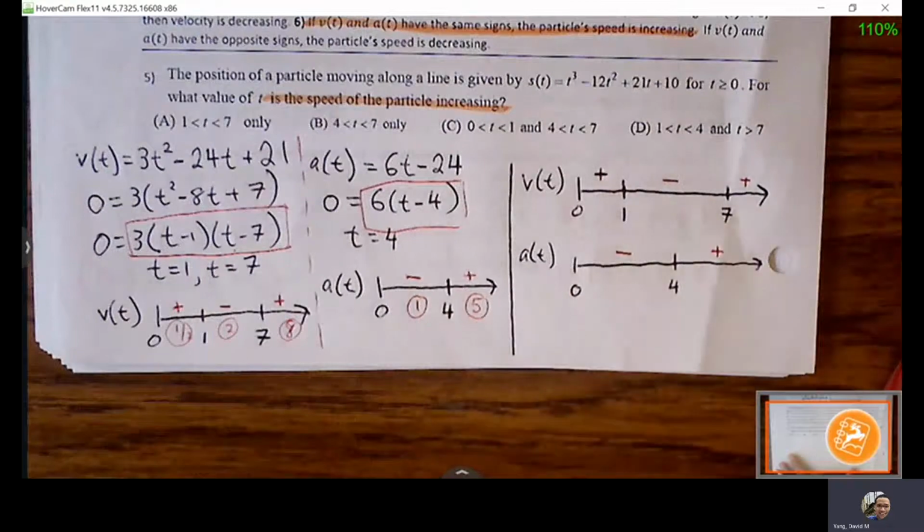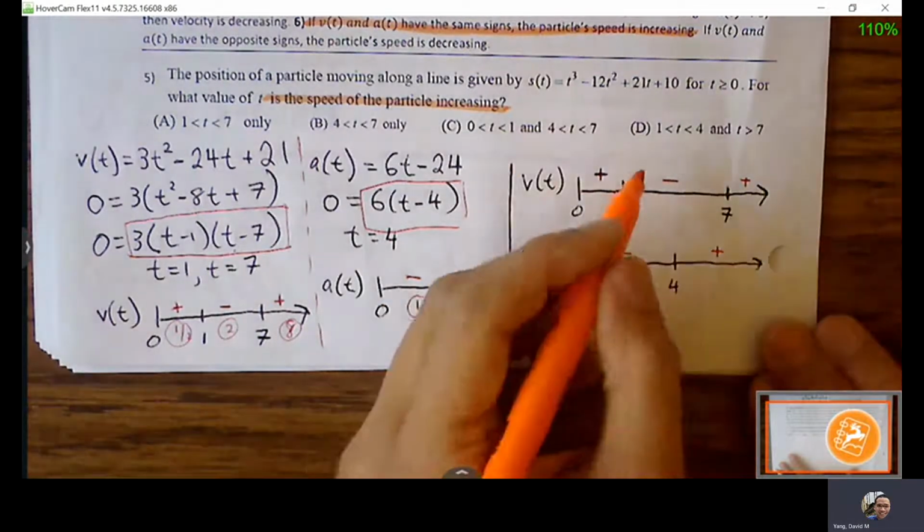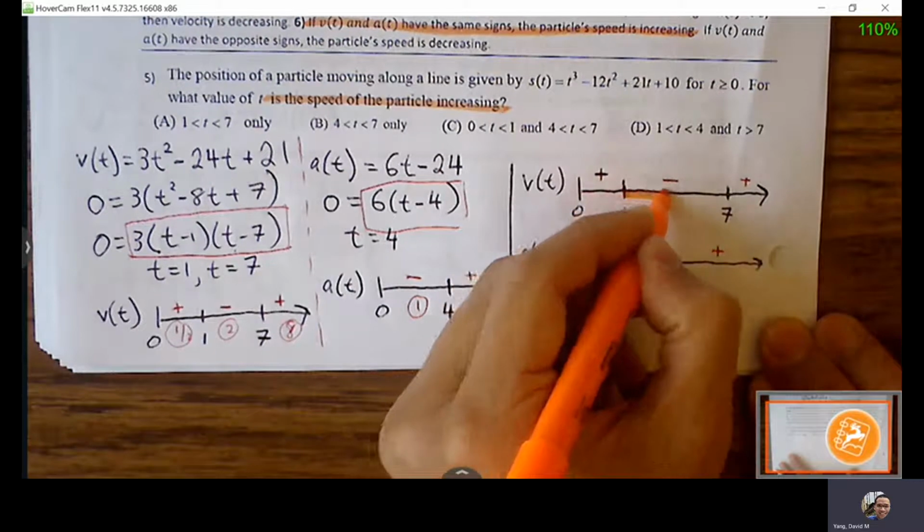Where do you see velocity and acceleration lining up where they're both sharing the same signs? Where do you guys see? Do they share the same signs in any of the intervals? 1 to 4, okay. 1 to 4, they're both negative.